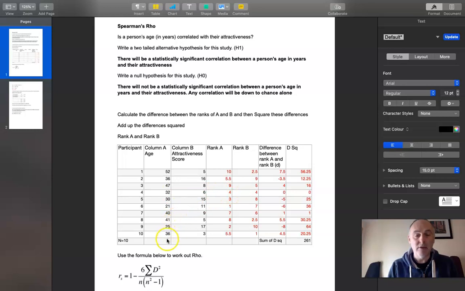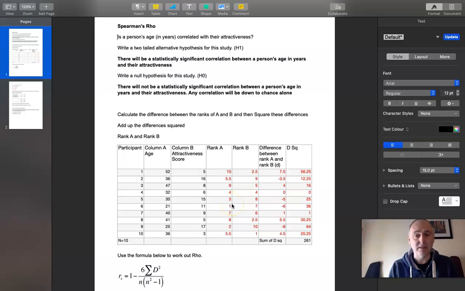Then you've got a little bit of a problem. We've got someone who's 36, but we also have another person who's 36. We've already used rank 4. This person should be ranked 5, but we can't have 2 people ranked 5. It doesn't quite work out that way, does it? So what we need to do is to rank them 5 and 6, and then divide by 2.